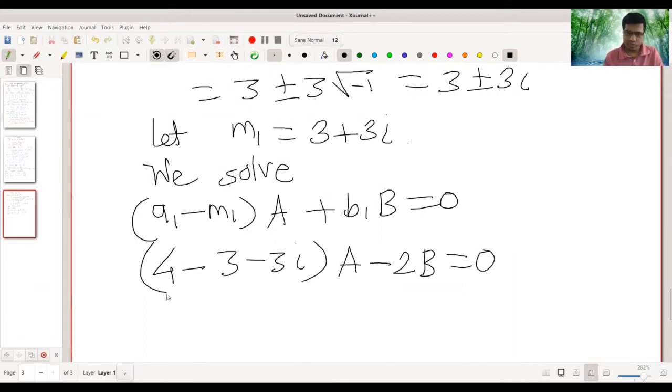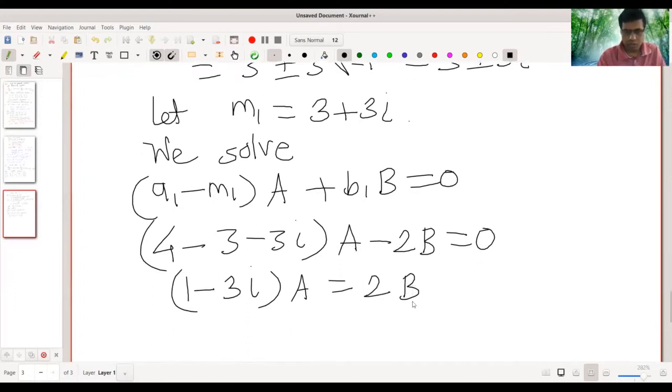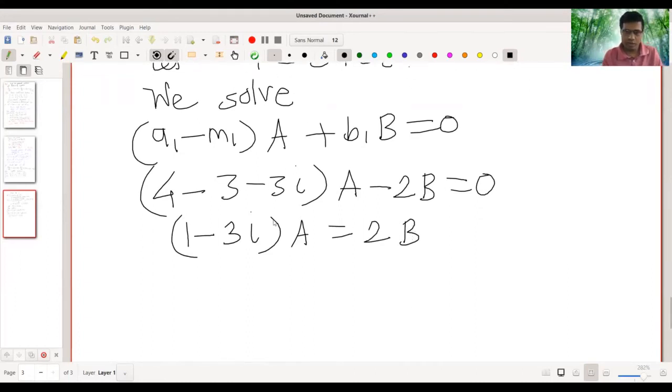Okay. So we get, this is 1 minus 3i, A equal to 2B. Okay. So we have infinitely many solutions. We may take A equal to 1, so that B equal to 1/2 into 1 minus 3i.